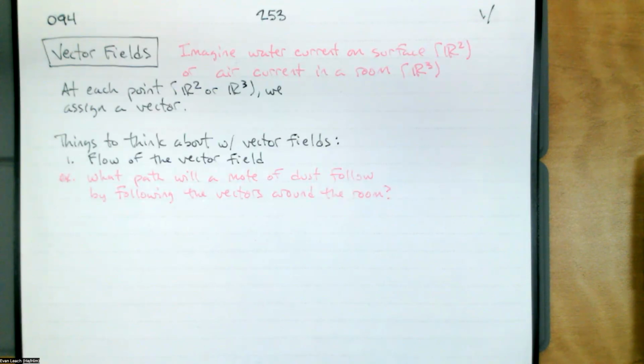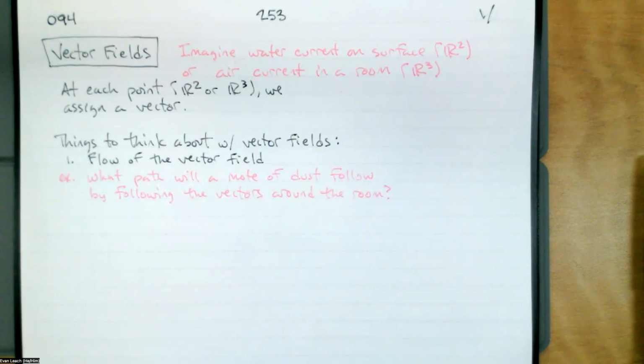And the path that it follows will depend on what the vector field looks like, and it'll depend on where we start. So there'll be all these different paths if we start at different locations in the room. So maybe there's a point in the room where the vector field is equal to 0. And a piece of dust that lands there would just stay there because the vector field says no direction here.